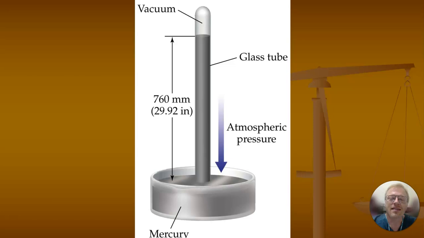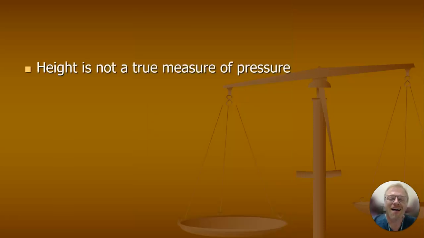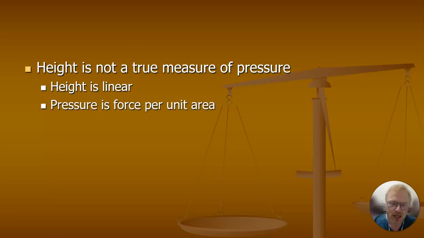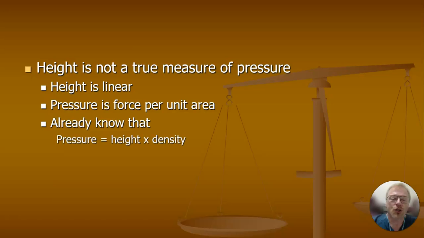The problem is that height is not a true measurement of pressure, because height is linear. Pressure is the force per unit area. So we know that pressure is equal to the height times the density of the liquid.